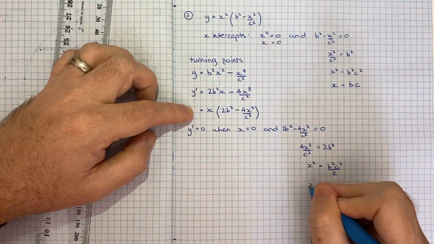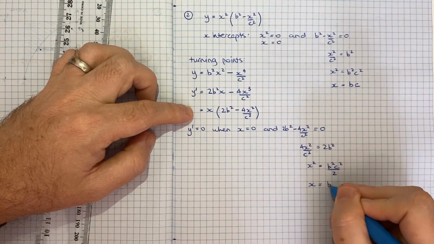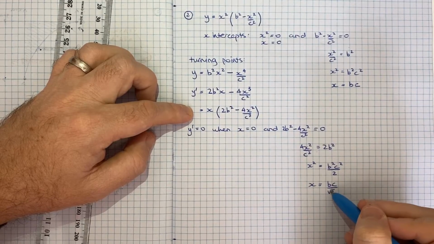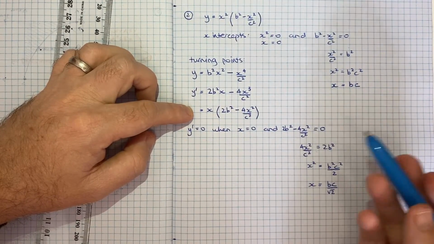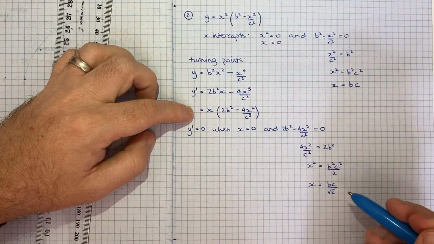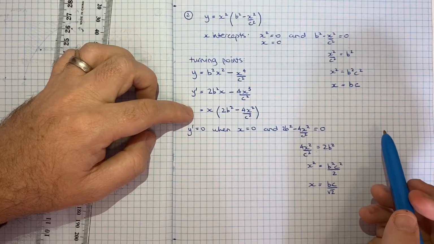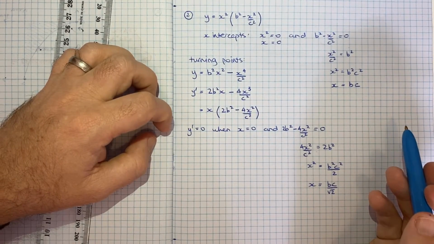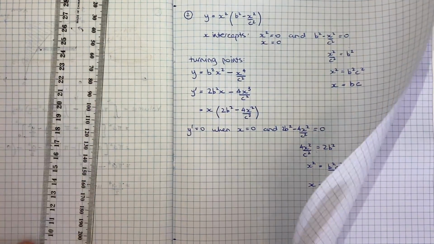Again, we're looking only at the first quadrant, so the positive solution would be bc on root 2. And bc on root 2 is between 0 and bc. So we will have a turning point between our two x-intercepts in the positive of the first quadrant. So maybe I'll turn over to draw this up.